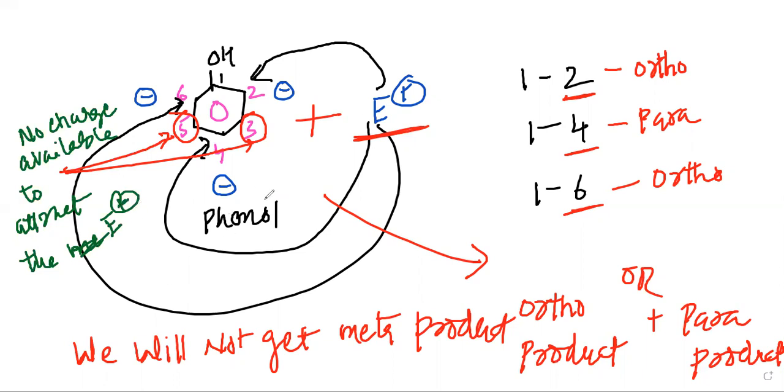So this is how we can understand the attack on the ortho as well as the para position.